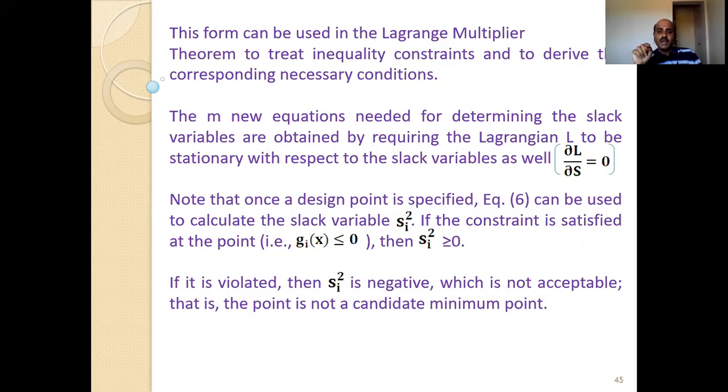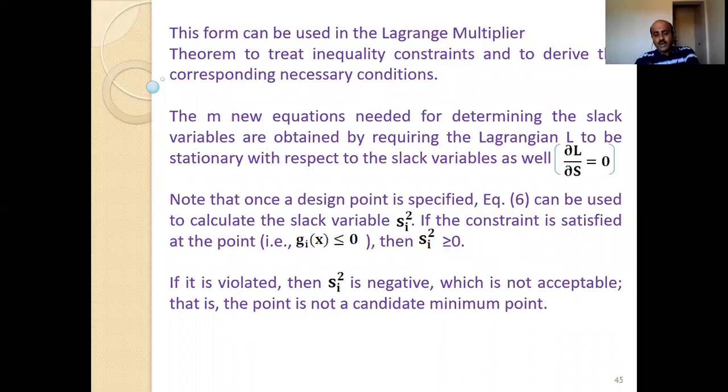If it is violated, then Si square is negative, which is not acceptable. That is, the point is not a candidate minimum point. So this is a very important conclusion we are arriving at.